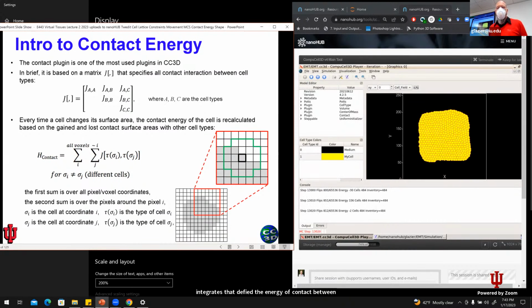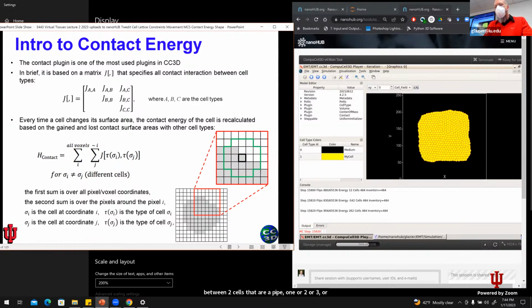To begin with, though, we're going to ignore the molecular complexity, and we're going to simply say that cells have some typical energy per unit area when they touch each other or when they touch medium. And so we're going to be able to represent that as a table that says the energy per unit area of the surface of the cell between two cells that are of type 1 or 2 or 3, or between cell and medium, is something.